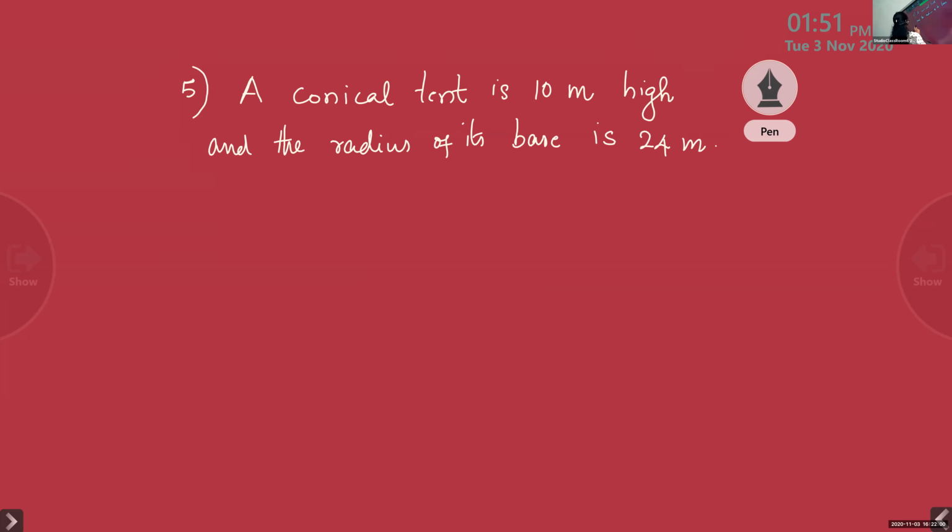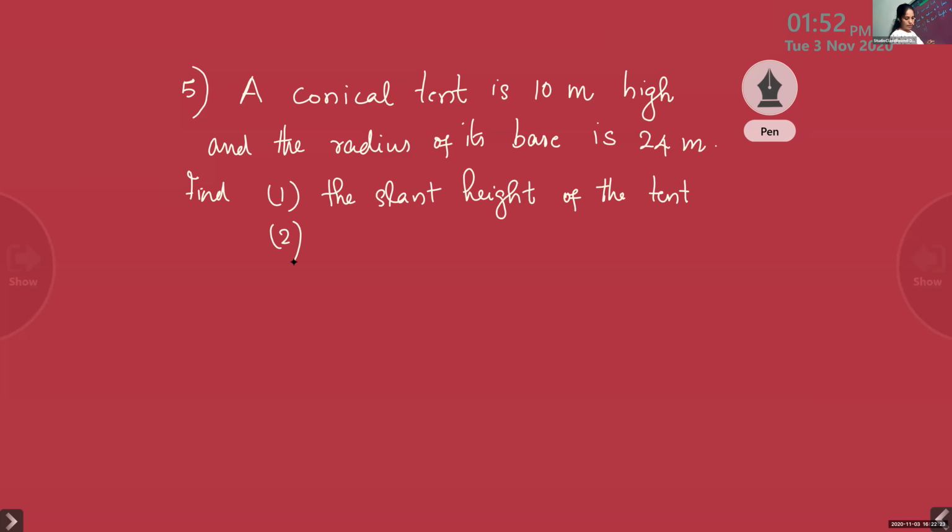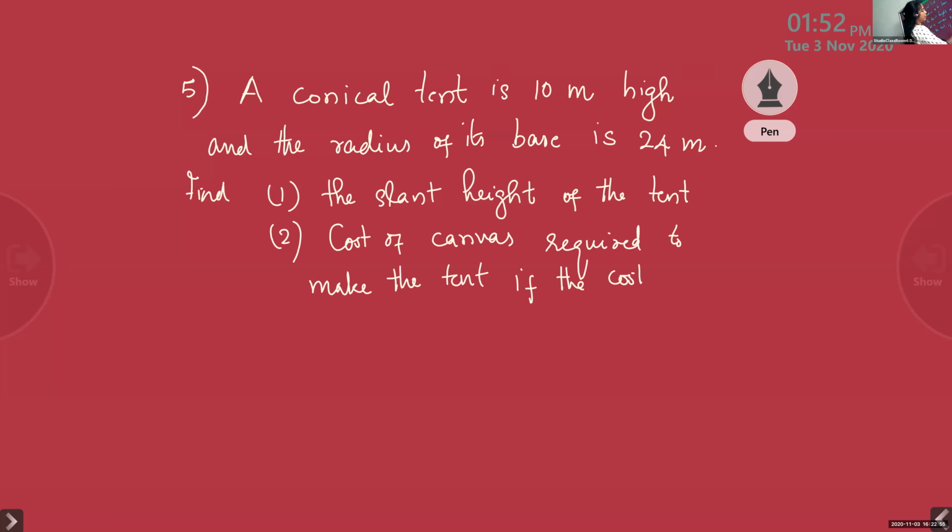Find first, the slant height of the tent, and second, the cost of canvas required to make the tent, if the cost of 1 meter square canvas is rupees 70.